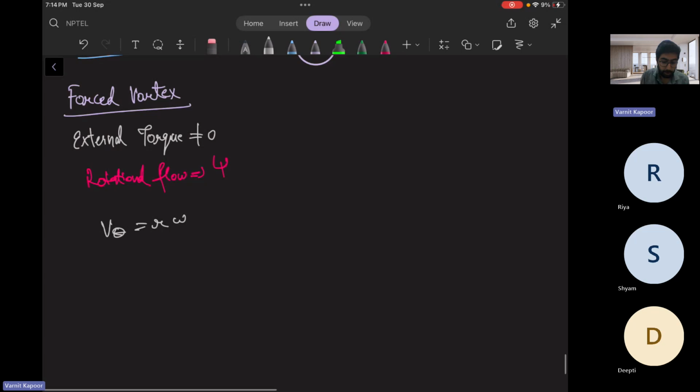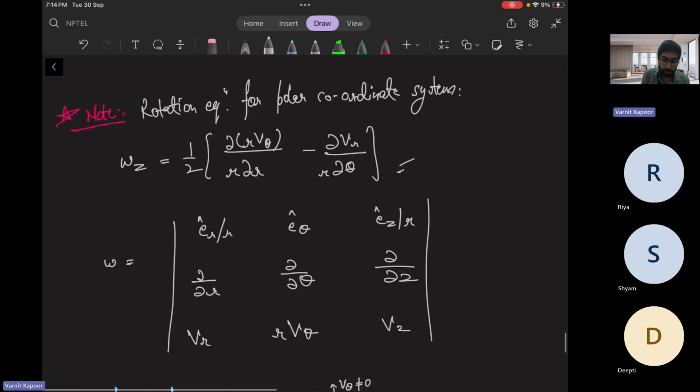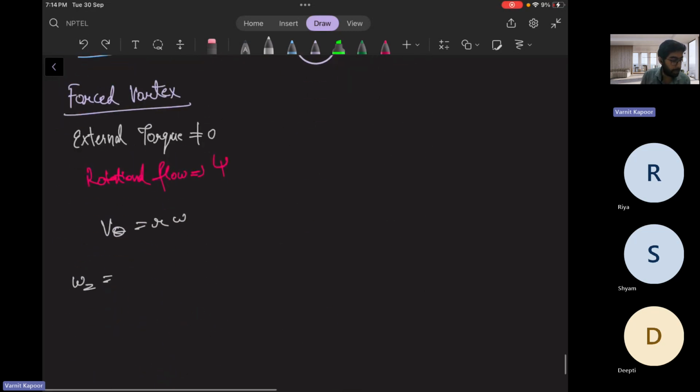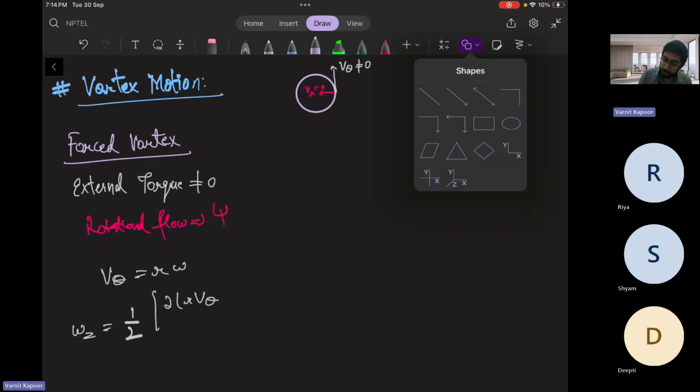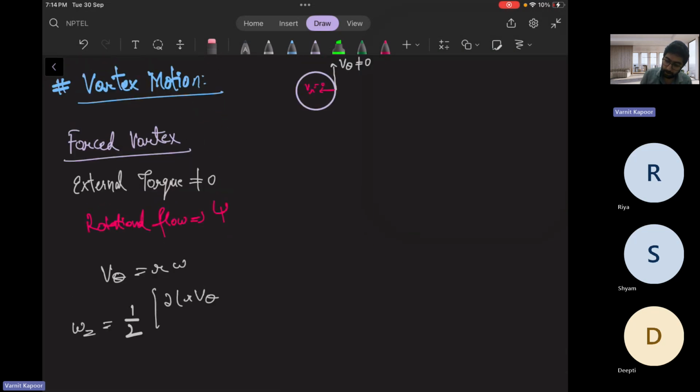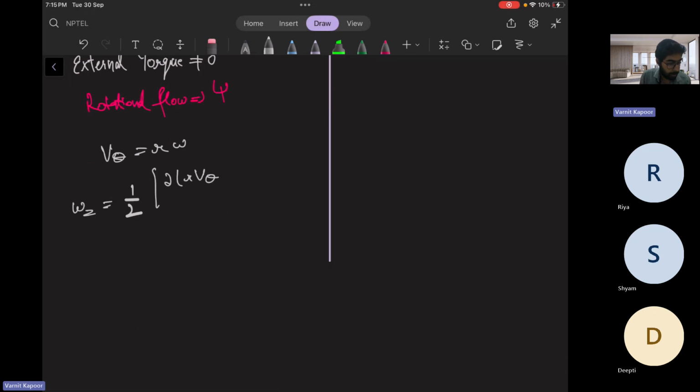So if I go to the relation, what is my omega z? Omega z is half of the rotation value: half of (1/r) dou of (r V theta) by dou r, minus dou VR by dou theta.